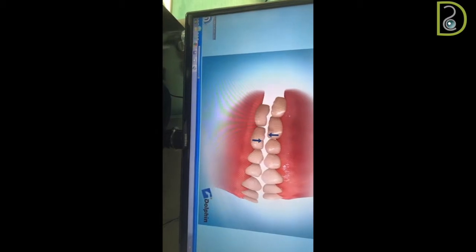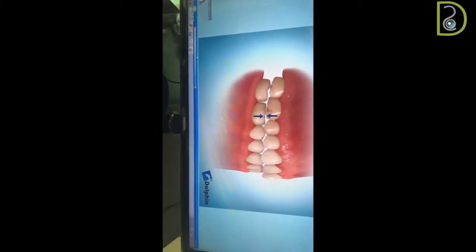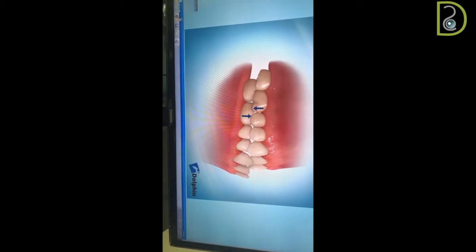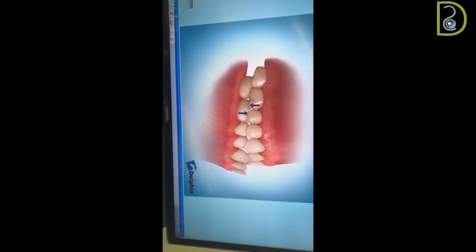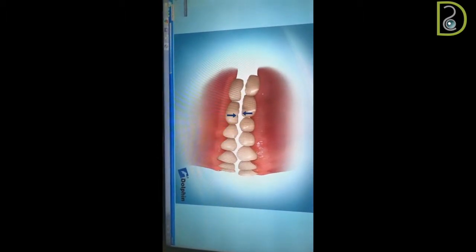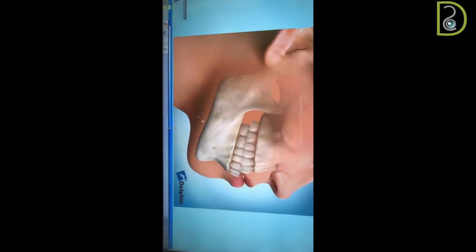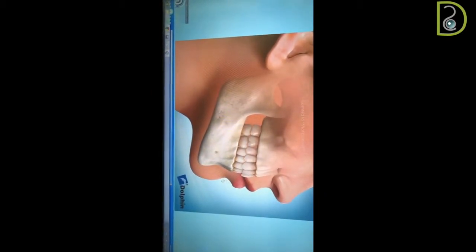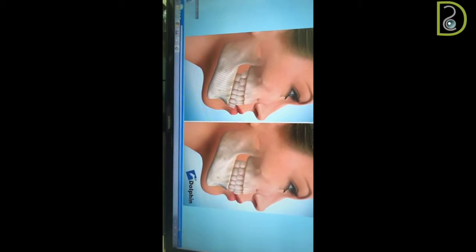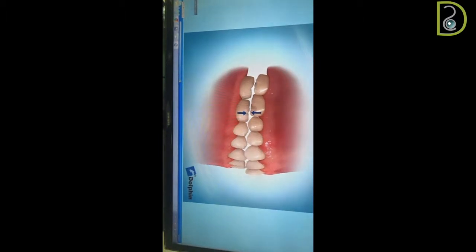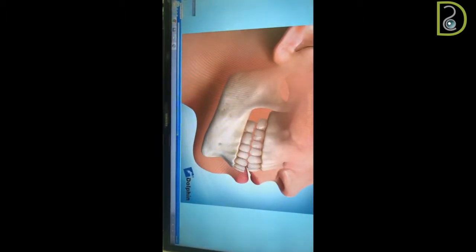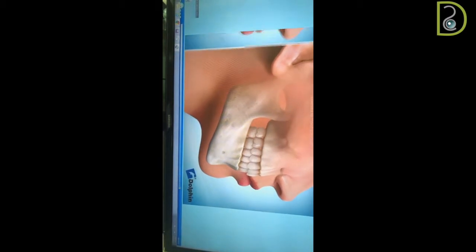Now, if the patient has a class 3, usually the lower teeth are forward in position like that. It also has an effect on the profile of the patient. When you move the lower teeth, it improves the facial profile and the lips. This is the correction that you see at the end of the treatment.